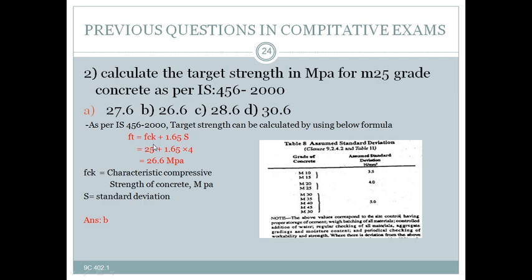As FCK is 25, plus 1.65 into the standard deviation for M25 grade concrete, which is 4, if I calculate that, I will get 31.6 MPa. So according to this question, option B is correct.